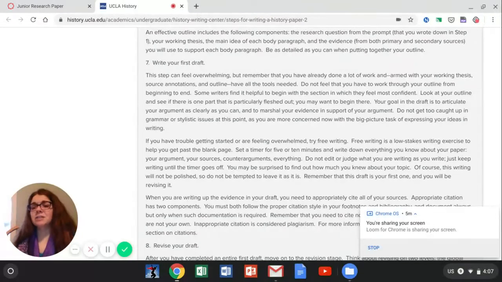Like I said, especially for those of you that are going to be typing this paper, which hopefully is still the majority of you, hopefully you have some kind of a Chromebook or a laptop that you're able to work on. So if you're typing, I say start wherever you feel most comfortable. Start in the middle or in the body of the paper, and then go back and write your introduction later.